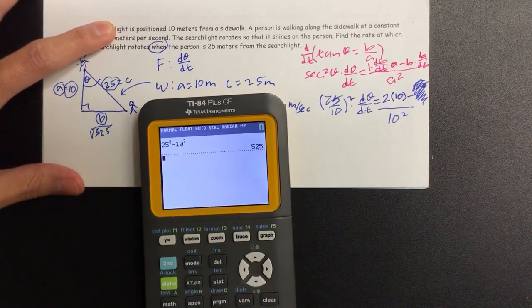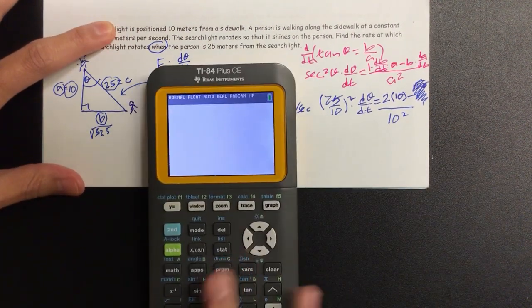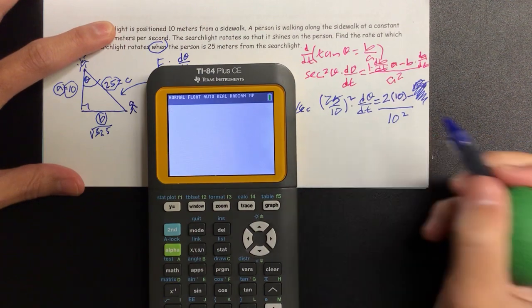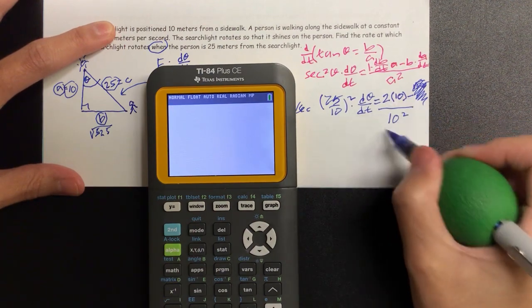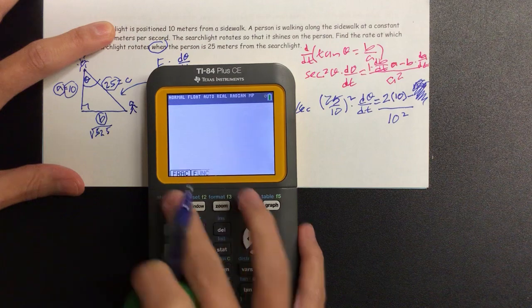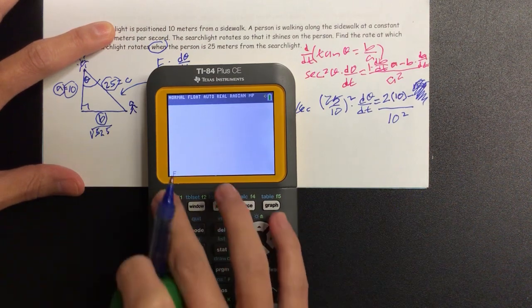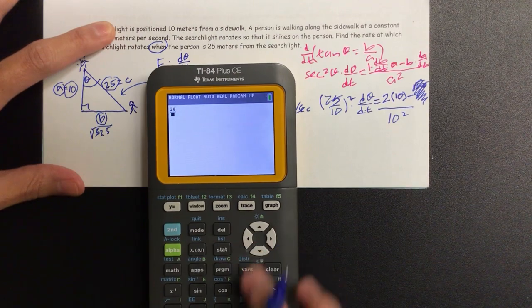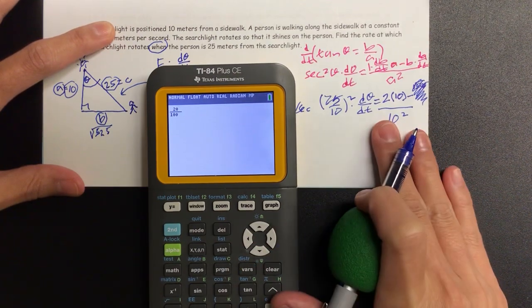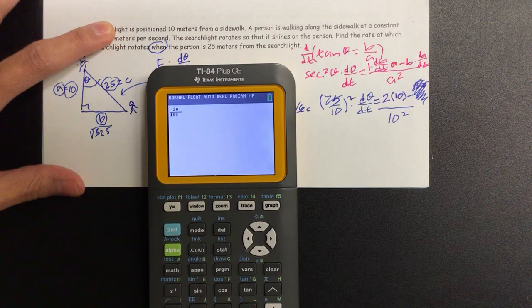So let's do some simplifying using algebra. I think I'm going to take this guy right here, 20 over 100. That's the right side. Do we all see that? 20 over 100?